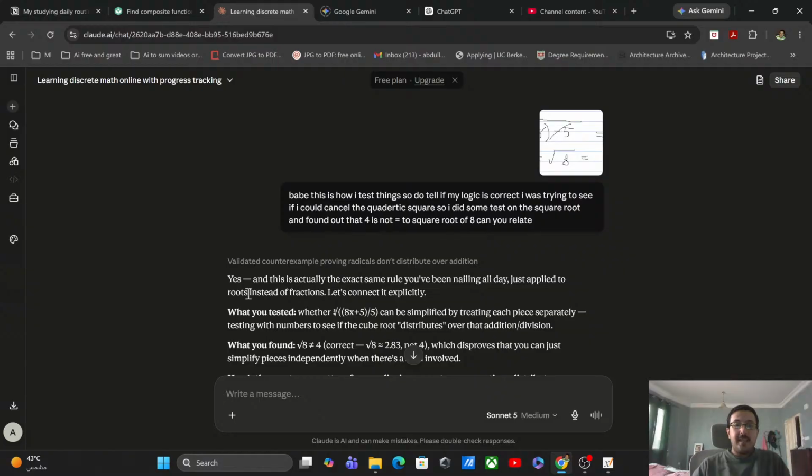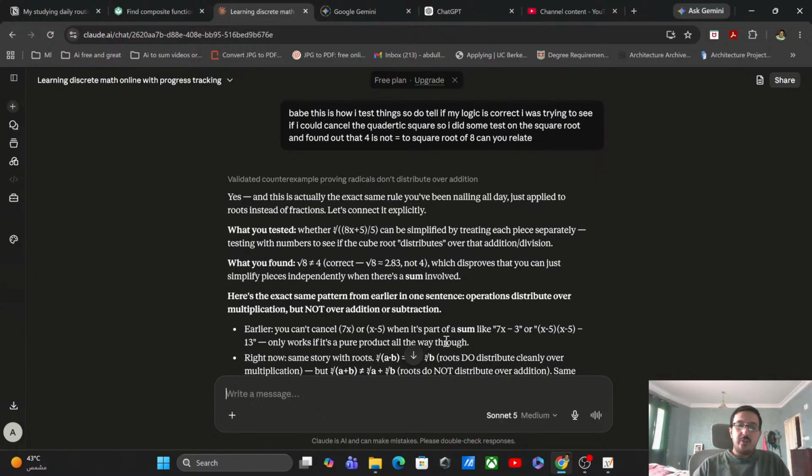Let's go. Yes, and this is actually the exact same rule you've been nailing all day, just applied to roots instead of fractions. Let's connect it explicitly. What you tested was whether it can be simplified by treating each piece separately, testing with numbers to see if the cube root distributes over that addition.